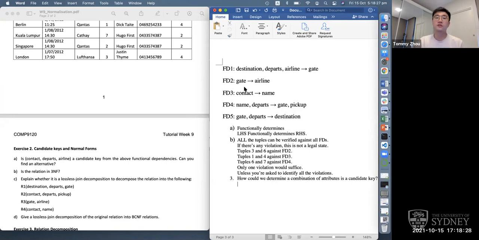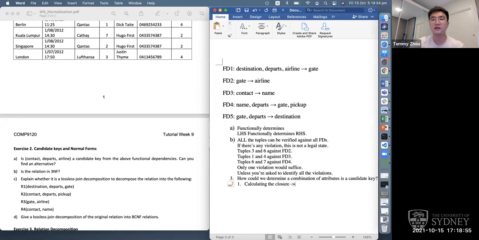You may just want to unmute yourself if you want to speak, otherwise you can also type in the chat. Minimal super key, yeah, that's right. So first condition, we're going to verify this is a super key. How do we verify this is a super key? By doing what? Calculating the closure, right?